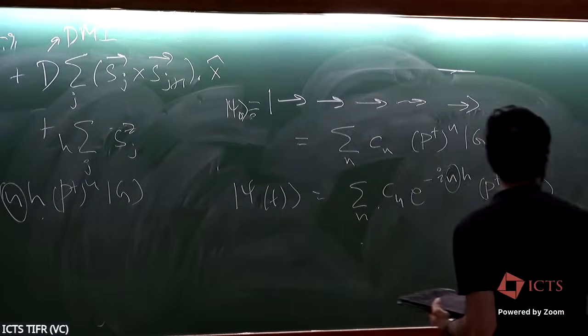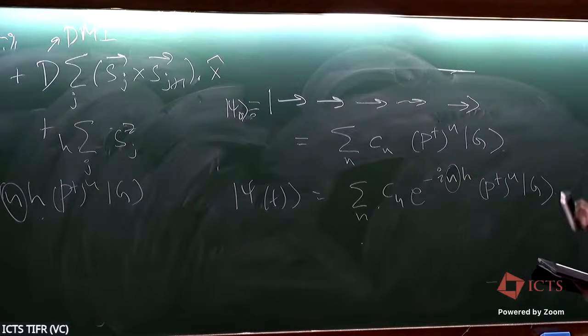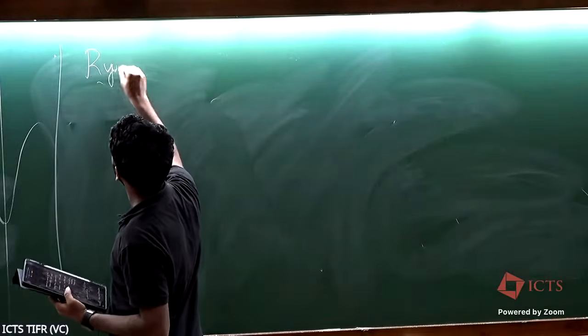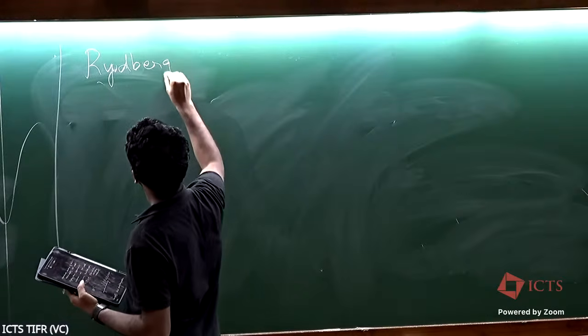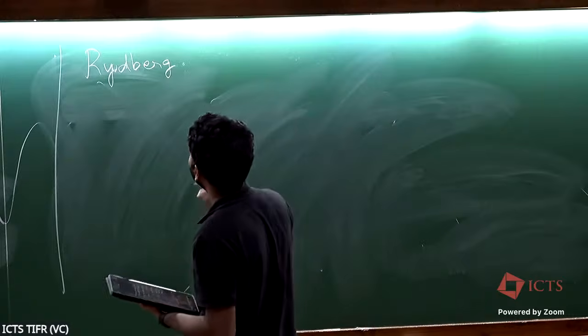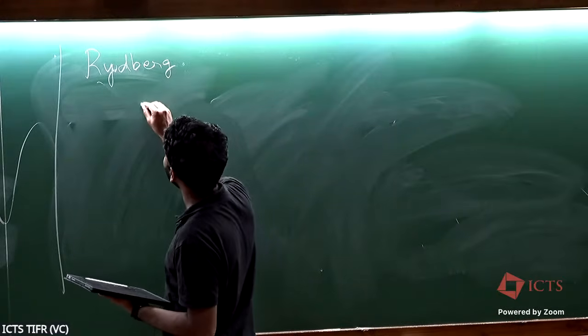Okay, so I should also mention, I said that this was discovered both theoretically and experimentally almost simultaneously. So I should also briefly mention the experimental part, which was very surprising. You see this kind of behavior in Rydberg atom systems, and here is a 2-minute primer on them.